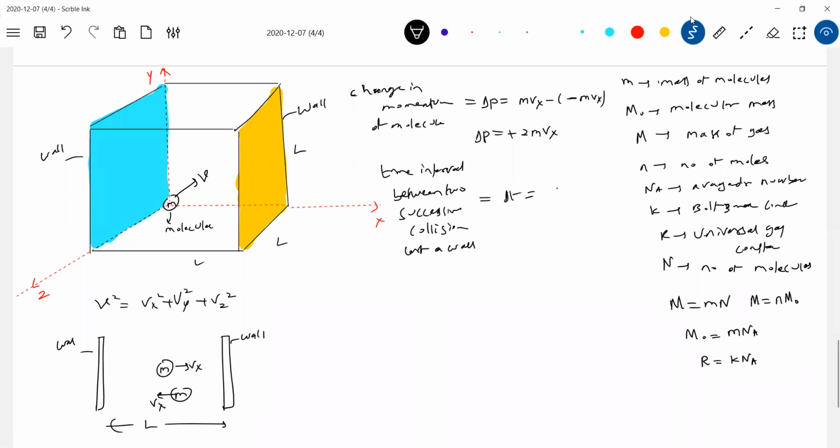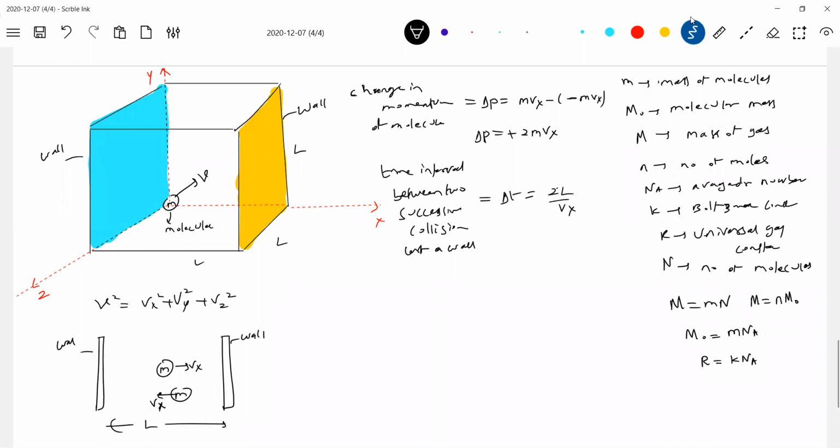I think it's very simple. The molecule will collide. Again, when it comes and collides, it will move with a speed Vx. It will collide here. Again it will cover a distance L. So what is the total distance covered? L and L, with a speed Vx. Therefore delta t is equal to 2L by Vx.